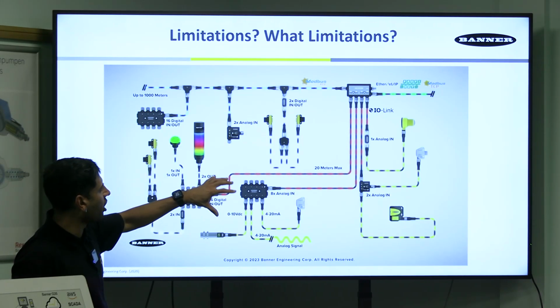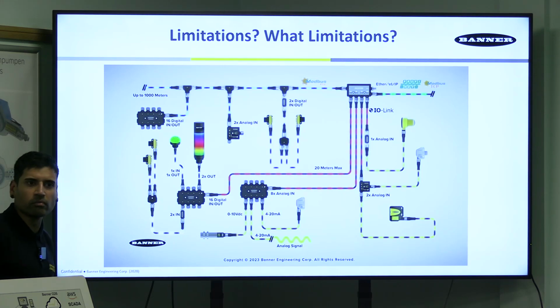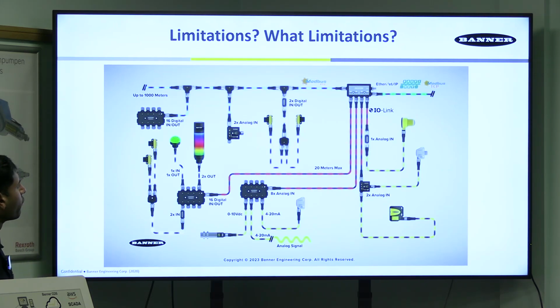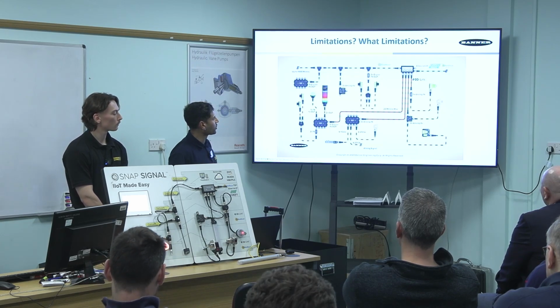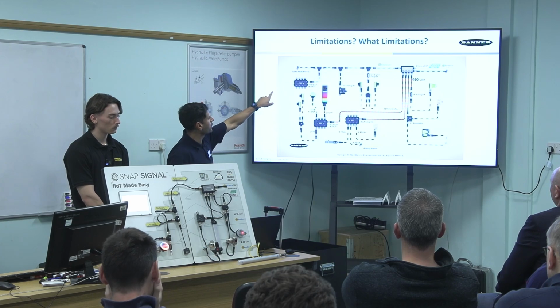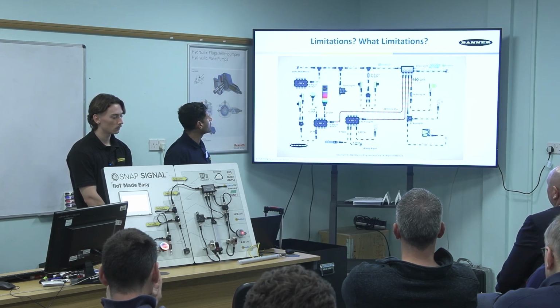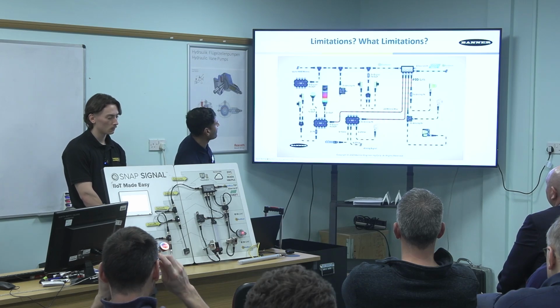So you can combine I/O link with Modbus to basically give you more flexibility in terms of your cable runs. So things into the master could be 20 meters, but you can also have a Modbus network up to 1,200 meters.